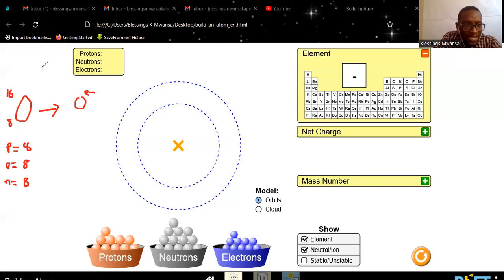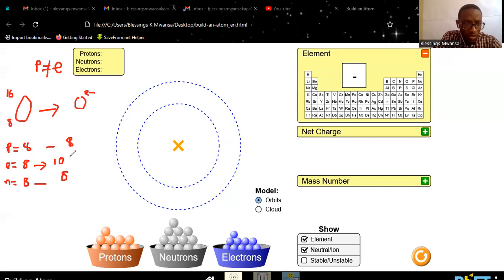The proton number in an ion is never equal to the electron number because there is losing and there is gaining. So initially this will remain 8, but the electrons will gain according to the valency number. So this becomes 10 and this still remains the same. So what changes between an ion and an atom is just the electron number.